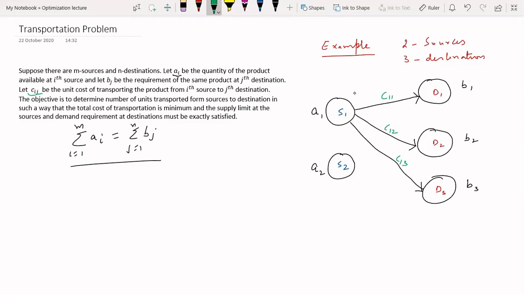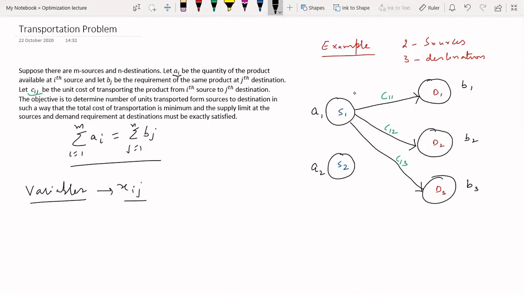Looking at the structure, we can see there are a number of routes available that allow me to transport from each source to each destination, but we have to select very carefully so that my cost is minimum. So what we do not know here is how much amount I am transporting from my sources to the destinations. So my variables are clearly Xij.